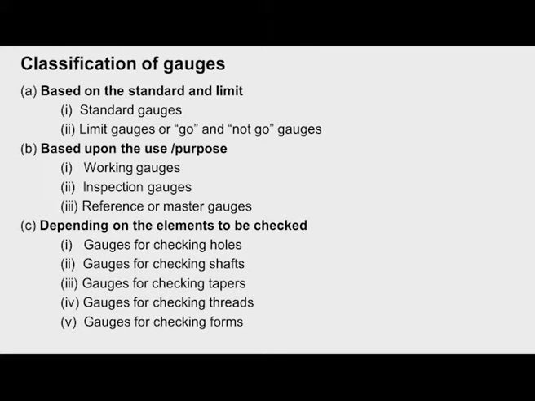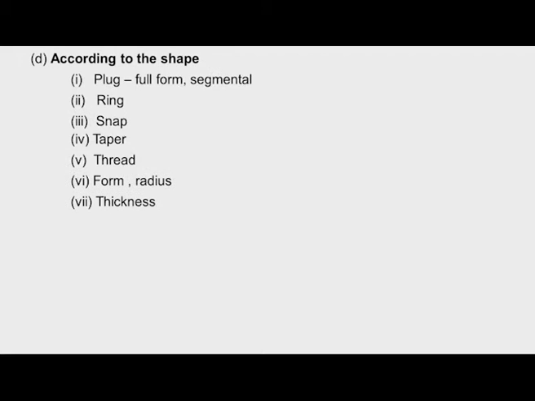Depending upon the elements to be checked, they are classified as gauges for checking holes, and gauges used for checking shafts, tapers, threads, and different kinds of forms. And according to the shape of the gauges, they are classified as plug gauge, like full form plug gauge, segmental plug gauge, and then ring gauges, snap gauges, taper gauges, thread gauges, form gauges, and also thickness gauges.